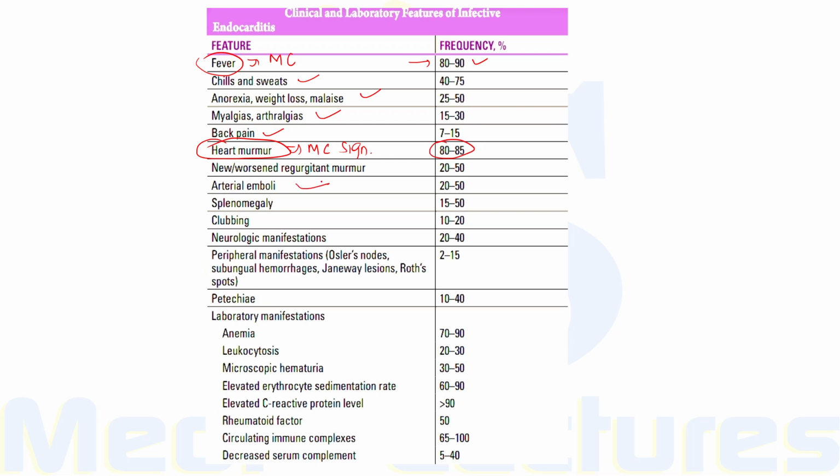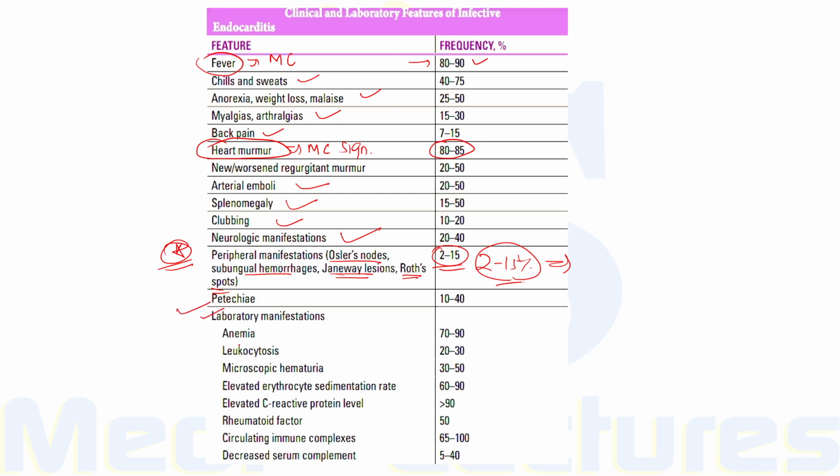Then there can be features of arterial emboli, splenomegaly, clubbing. These are rare neurological complications. And it is important to note that peripheral complications like Osler nodes, subungual hemorrhages, Janeway lesions, Roth spots, these are rare. These are seen only in 2 to 15% of the cases. So we do not search for these findings in each and every case of infective endocarditis.